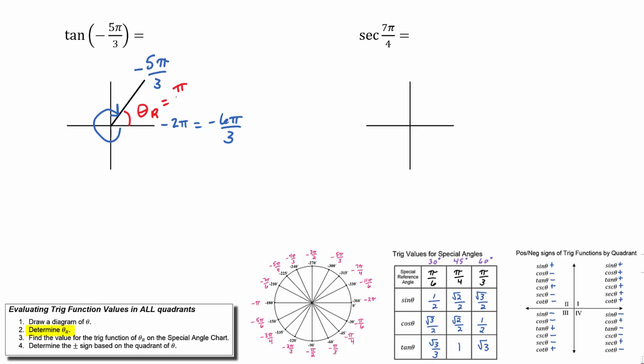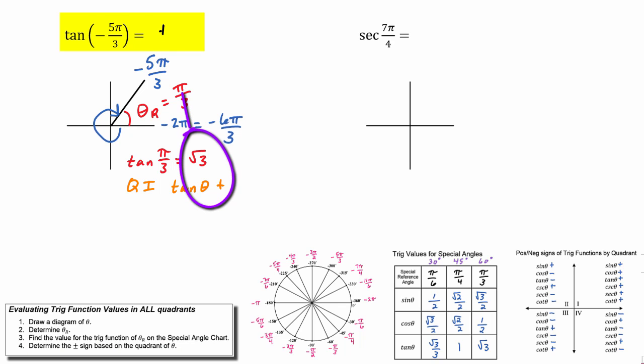So our reference angle is pi over 3. Our trig function is tangent, so we're going to need the tangent of pi over 3. We go on the special angle chart, and the tangent of pi over 3 is radical 3. We know that in quadrant 1, tangent of theta is going to be positive, so that means the tangent of negative 5 pi over 3 is equal to positive radical 3.